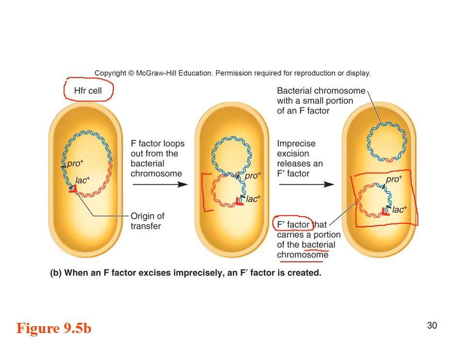So we have the F factor, we have the high frequency of recombination cells, the HFR cells, and now we have our F prime factor, which means we have a plasmid combined with bacterial chromosome, because we had an HFR cell where we reversed the integration of the factor from the bacterial chromosome.